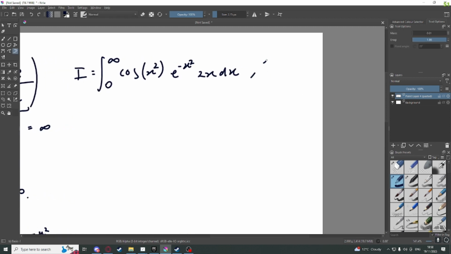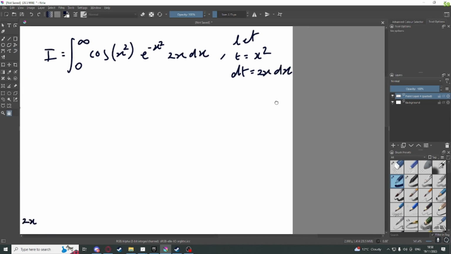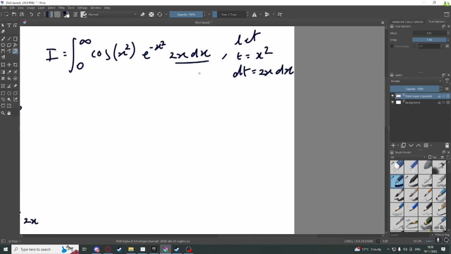And if I make a substitution, let t equal x squared. If I differentiate both sides, I'll get dt equal to 2x dx. Here I have 2x dx, so I'll let that be dt. And then everywhere I see an x squared, I'll let that be t.